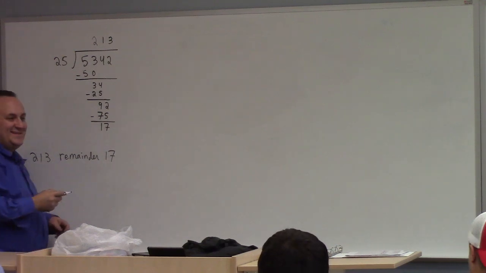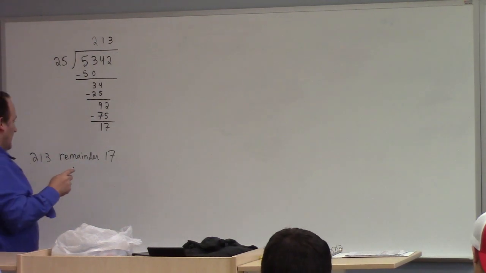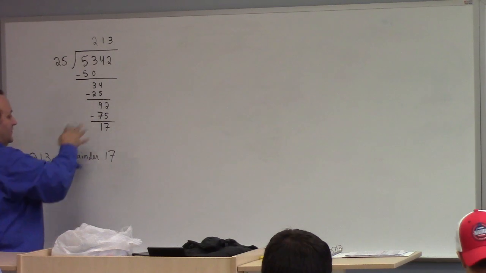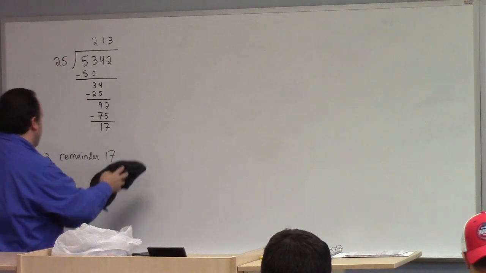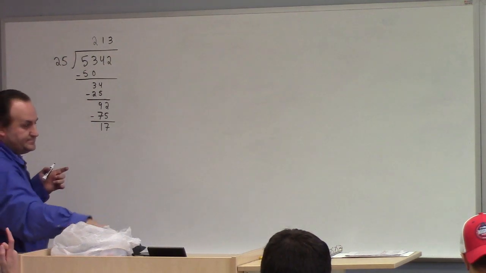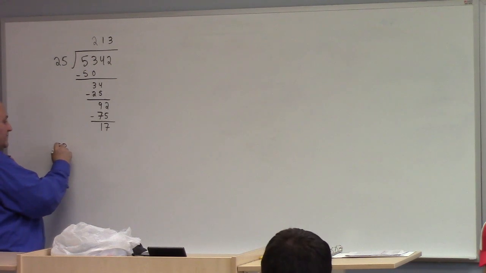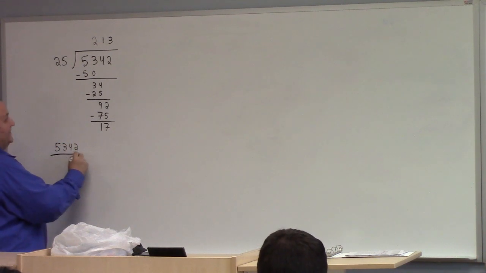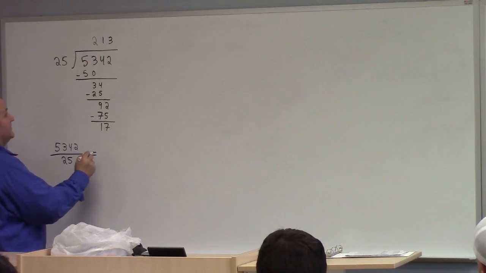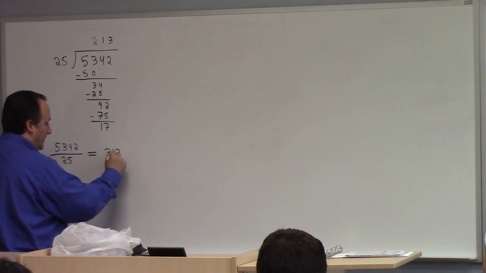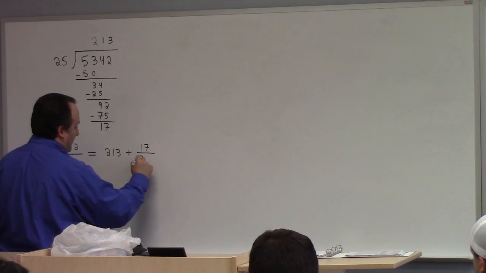Did you want the decimal? No, we don't want decimals. And let me show you why. So, yes, this is 213, remainder 17. What does this calculation mean in terms of arithmetic? So this means that 5,342 divided by 25 is equal to 213 plus 17 over 25, right?